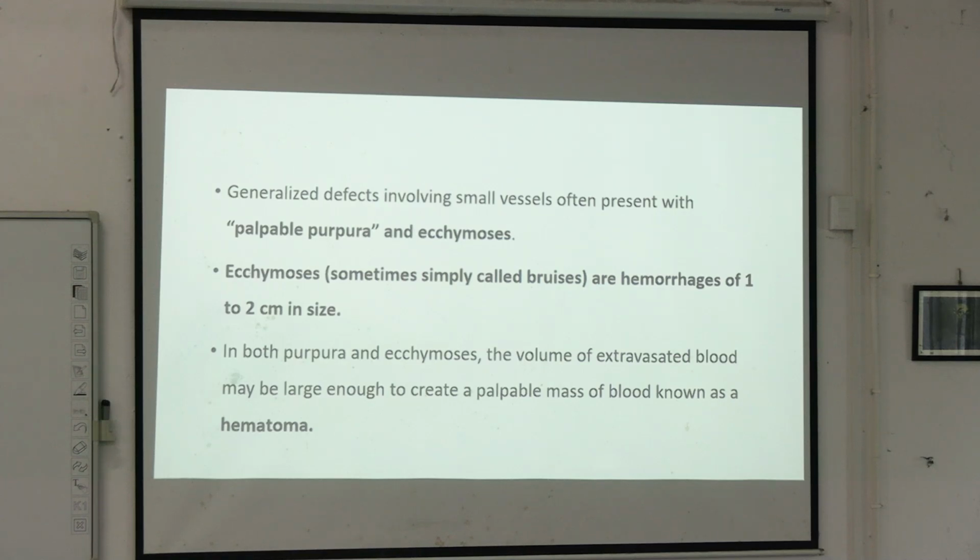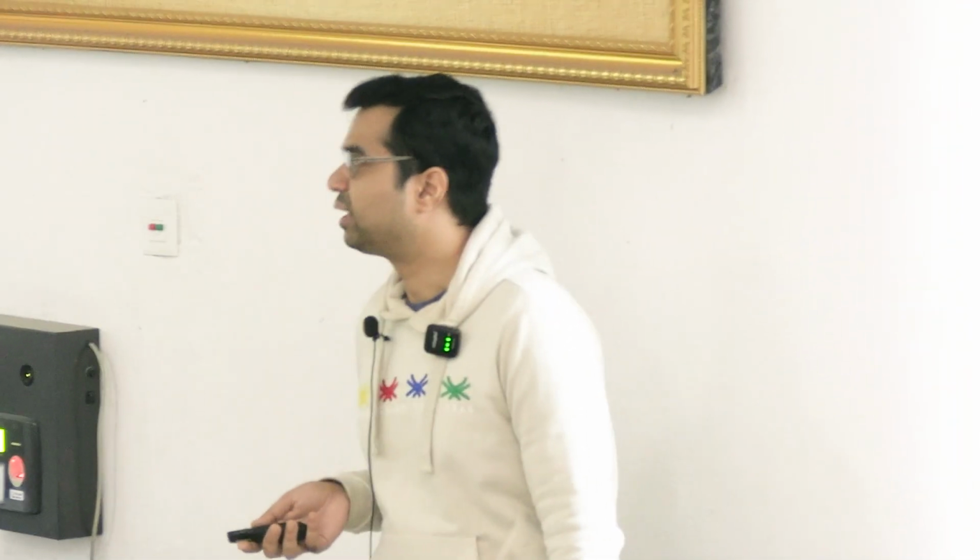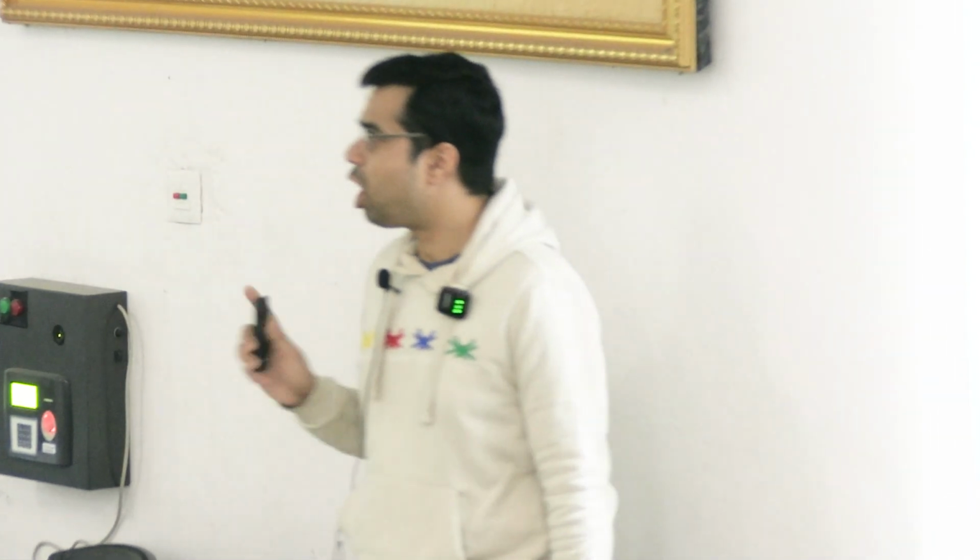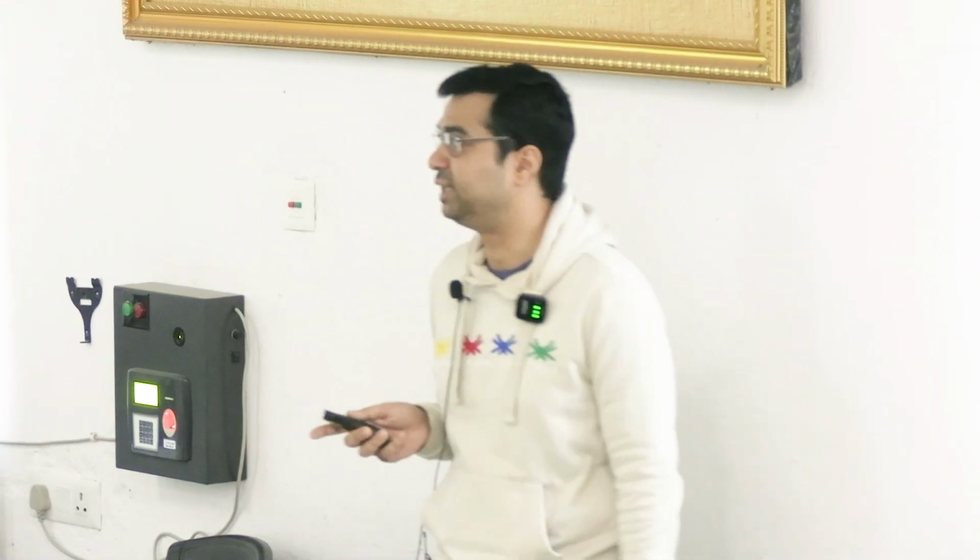So a hematoma is a large palpable mass of blood. Purpura and ecchymosis are particularly characteristic of systemic disorders that disrupt small blood vessels, like vasculitis, or that lead to blood vessel fragility, which happens in amyloidosis.